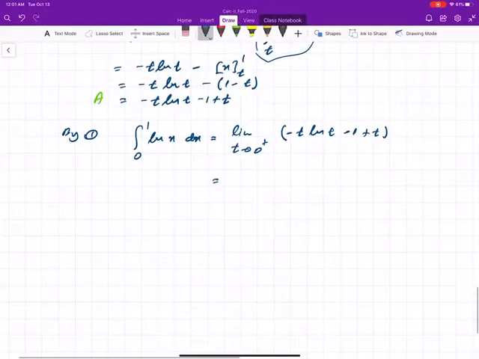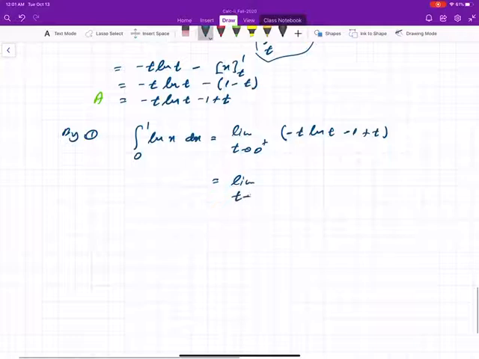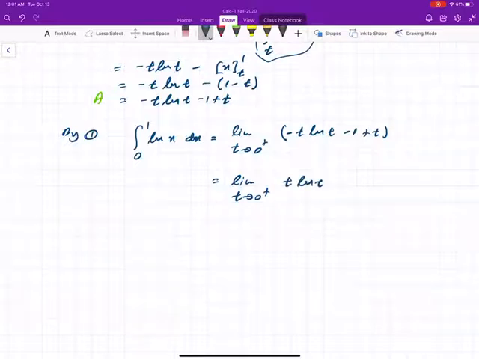Alright, then you apply the limit as t goes to 0 from the positive direction. Here you have the limit of minus t ln t, and then you have minus 1, and then you have plus the limit as t goes to 0 from the positive direction of t.